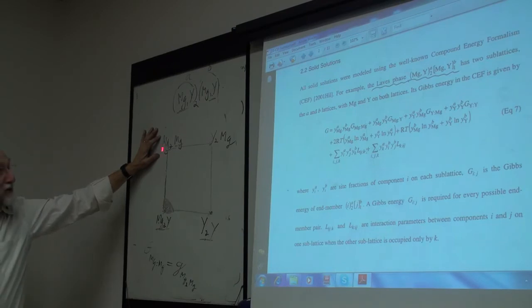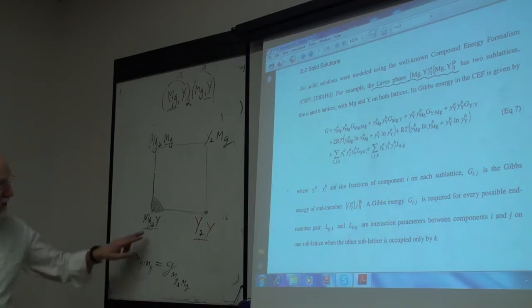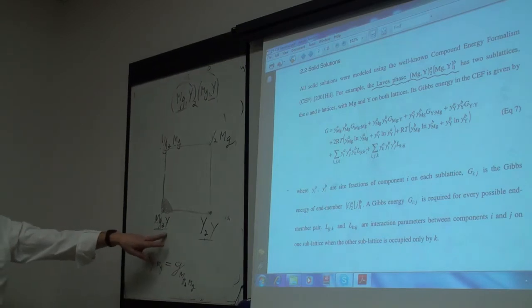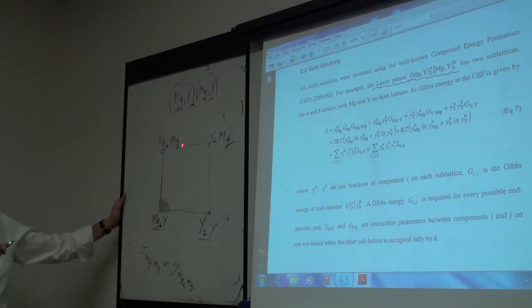This is going to be equal to the Gibbs energy of hexagonal close-packed magnesium plus something. And this thing over here, Y2Y, this is not the Gibbs energy of real yttrium. This is the Gibbs energy of a hypothetical structure in which you've taken the Laves Mg2Y and have replaced all the magnesium by yttrium. The magnesium here is called a substitutional defect.